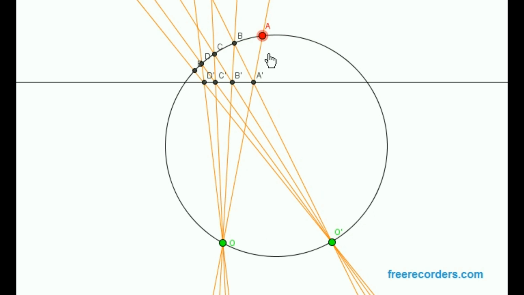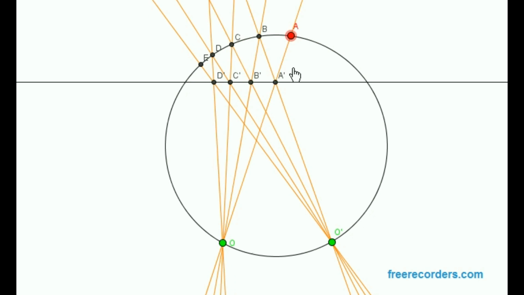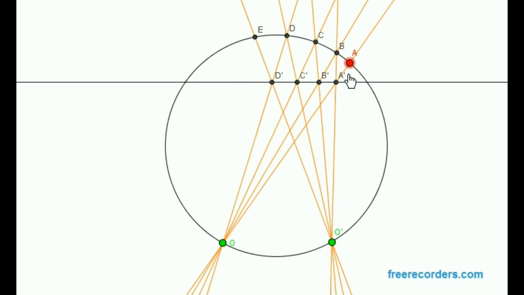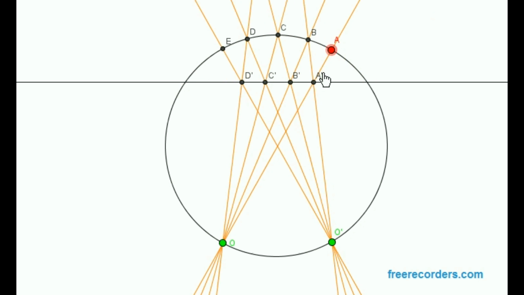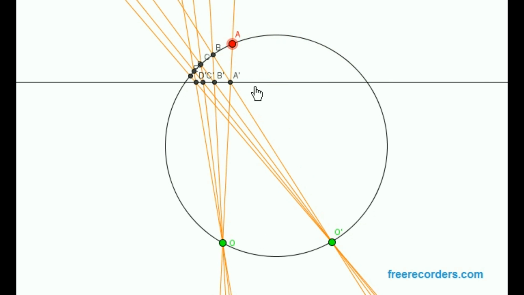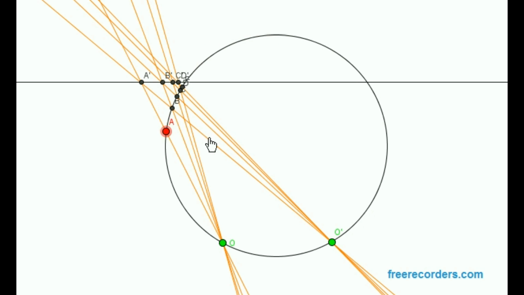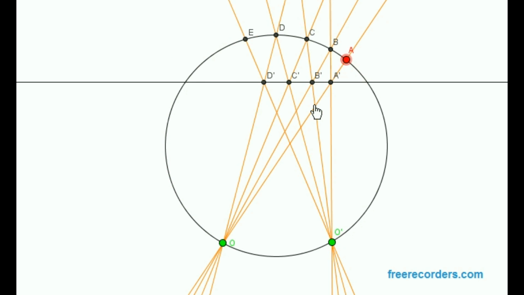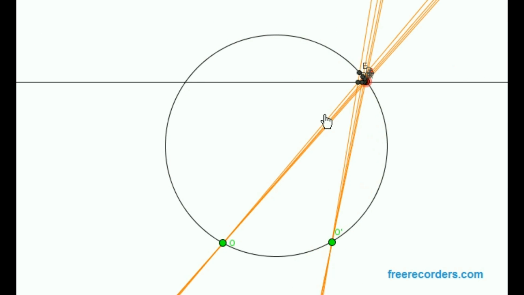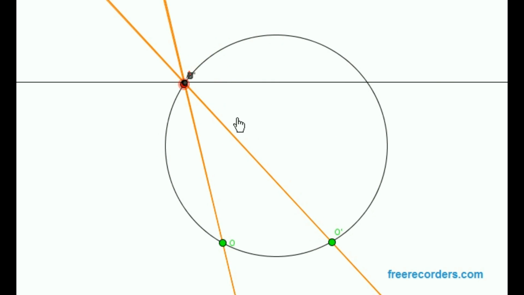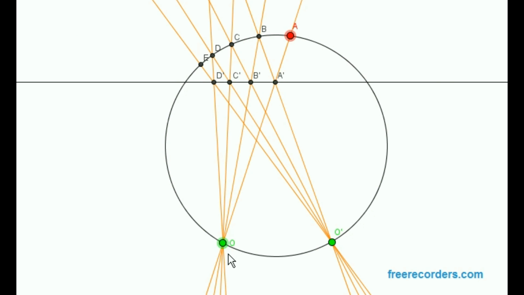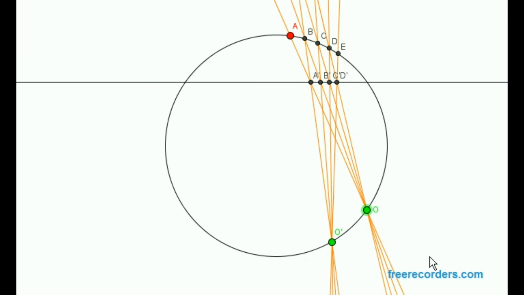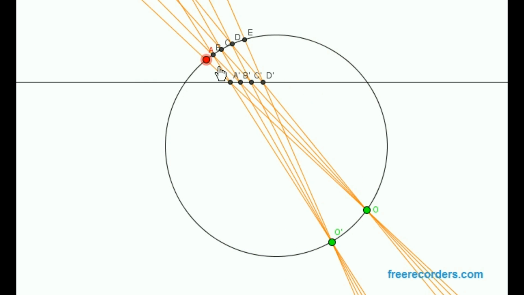Firstly, we can see that there are going to be two fixed points on the mapping, the points where this line meets our conic. And the point on the left here is attractive, and the point on the right is repulsive. So we have an attractive fixed point and a repulsive fixed point. Also note that by moving around these origins of the projection, we can change the qualitative nature of the mapping.